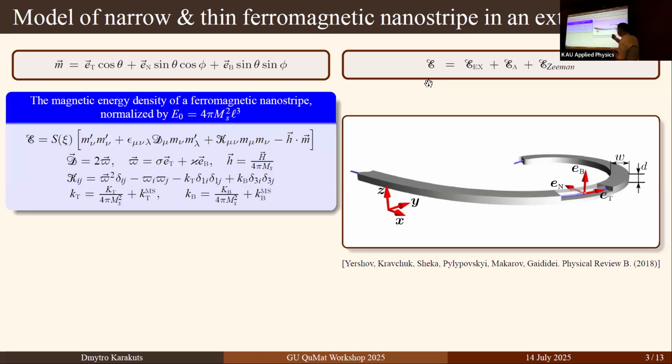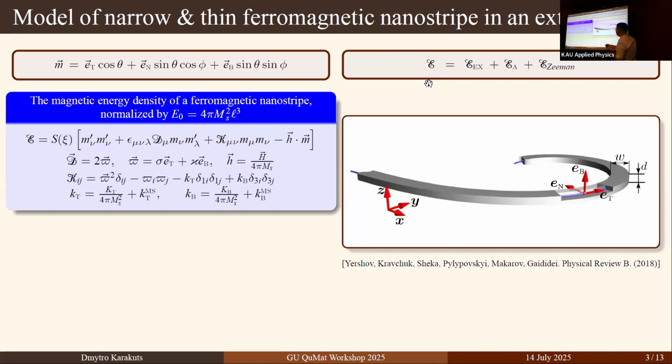The magnetic energy density, as was already said, has three components. The first component is an exchange energy, shown here. The second component arises from a Dzyaloshinskii-Moriya interaction, with curvature and torsion contributing to this component.